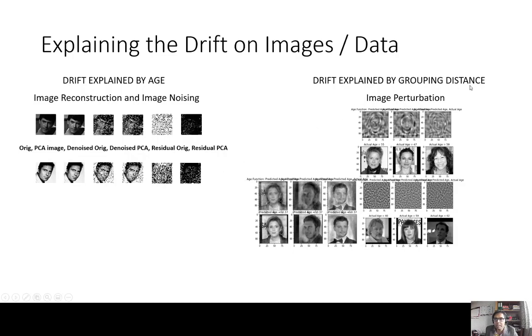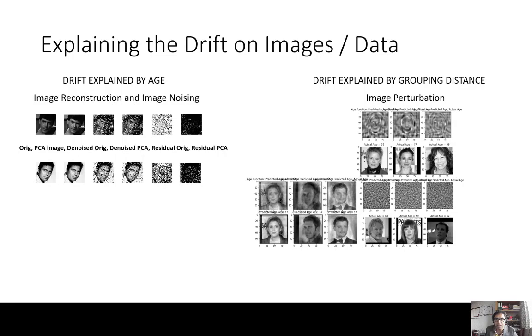Then drift explained by grouping distance. So this is when the weights, the shape of the weights conform to the dimensions, but it serves the purpose of doing the image perturbation, because it changes the classes and we get a good plot.